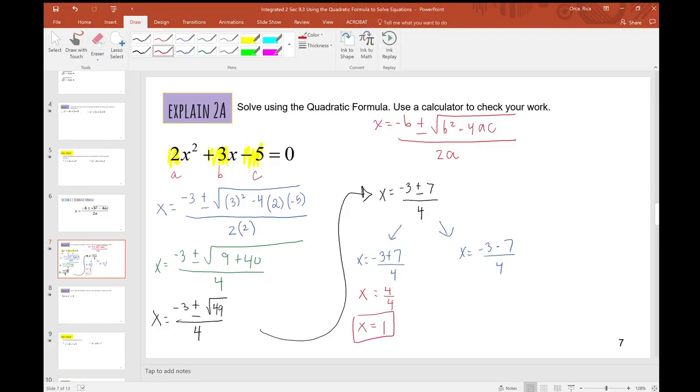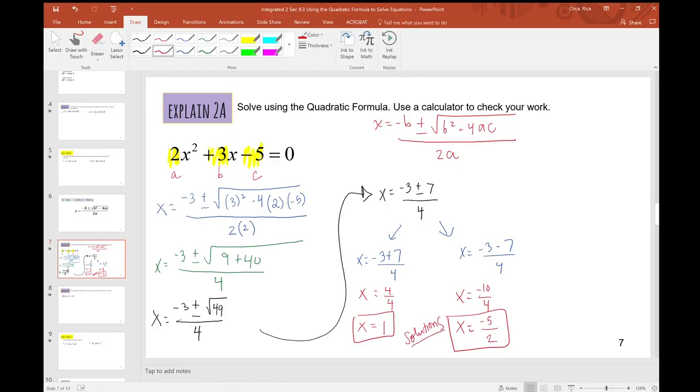X equals 1. In our second solution, we have x equals negative 3 minus 7 is negative 10 over 4, reduced by 2, negative 10 divided by 2 is negative 5, and 4 divided by 2 is 2. And these are our solutions.